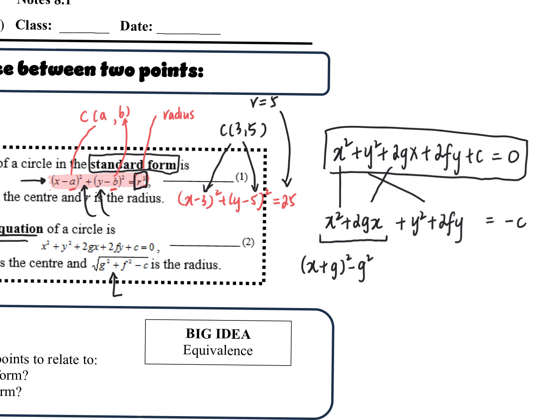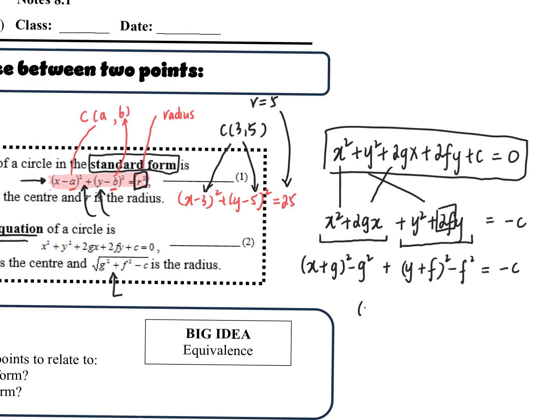Remember that when you complete the square? Same thing here: to complete the square, you halve this number, and then you must minus this number squared. So you will get this.